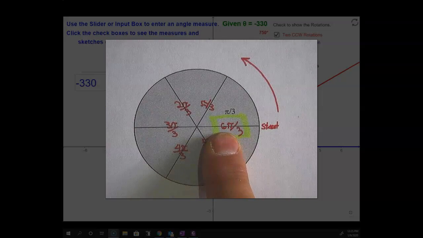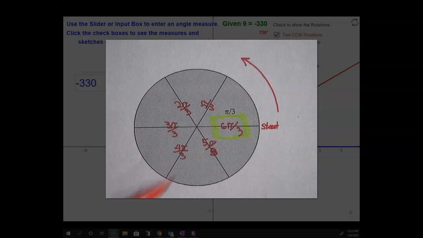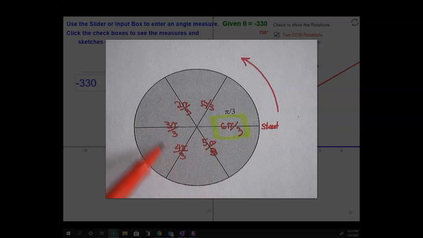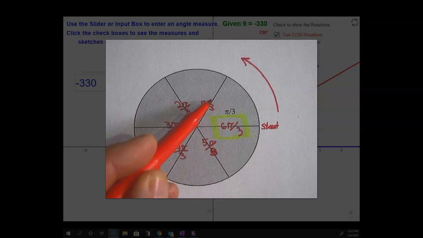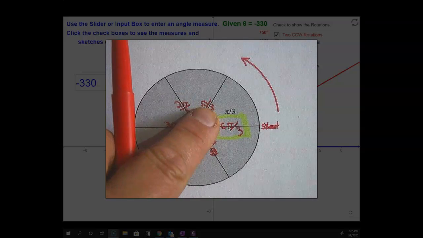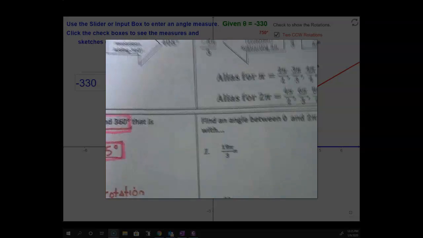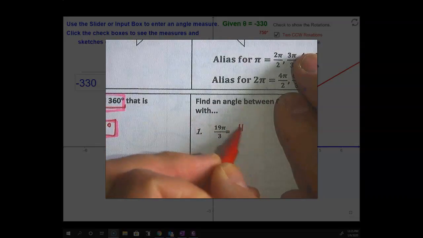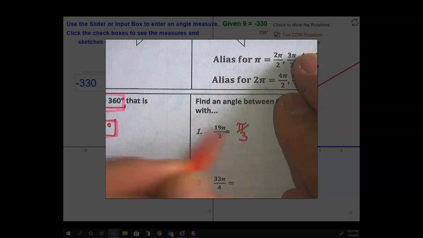There's my pi over 3's. So 1 time around is 6, 12, 18, 19. This is where 19 pi over 3 would be. So I know this answer is going to be pi over 3.